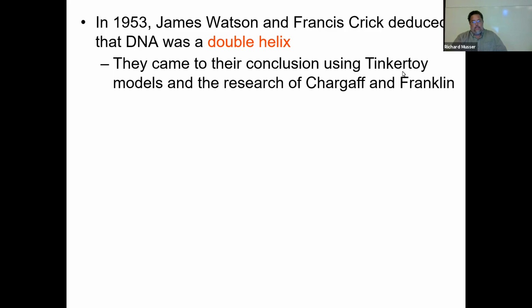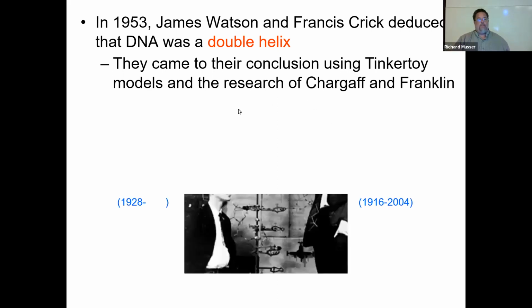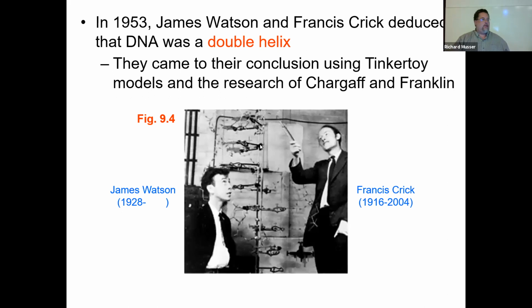So looking at all these different conclusions from Chargaff and Franklin, and using Tinkertoy models and making covalent bonds with it, they were eventually able to come up with what the shape must look like. And of course, this was a very big deal for them.